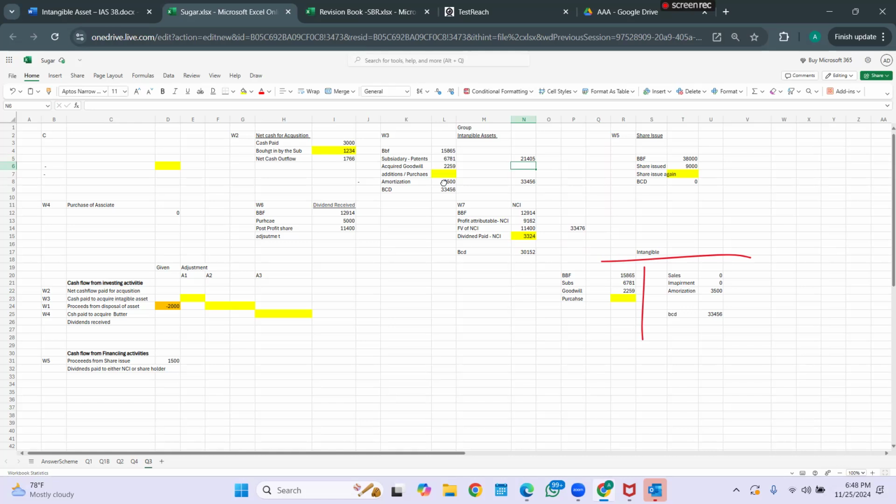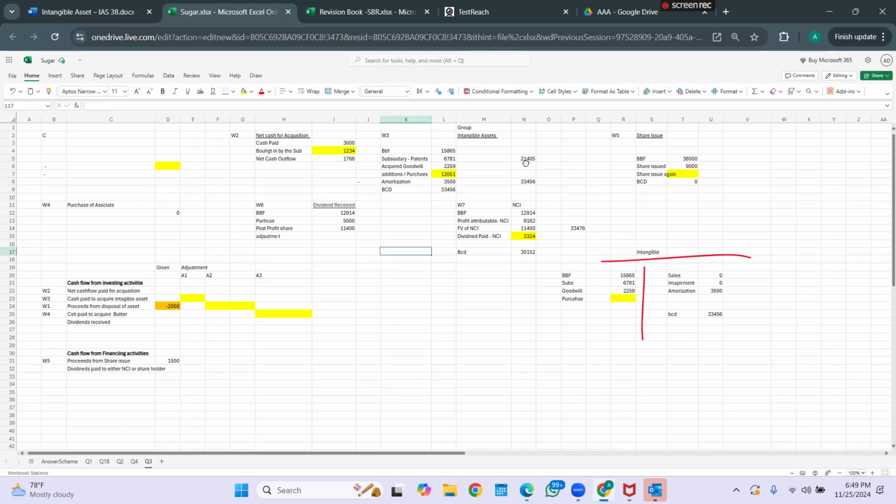So I have 21,405. Can you all see the major difference? What do you think? Is it a disposal or an acquisition? You would have purchased, right? That's why it's increasing from 21,405 to 33,456. So I would have purchased for 12,051.